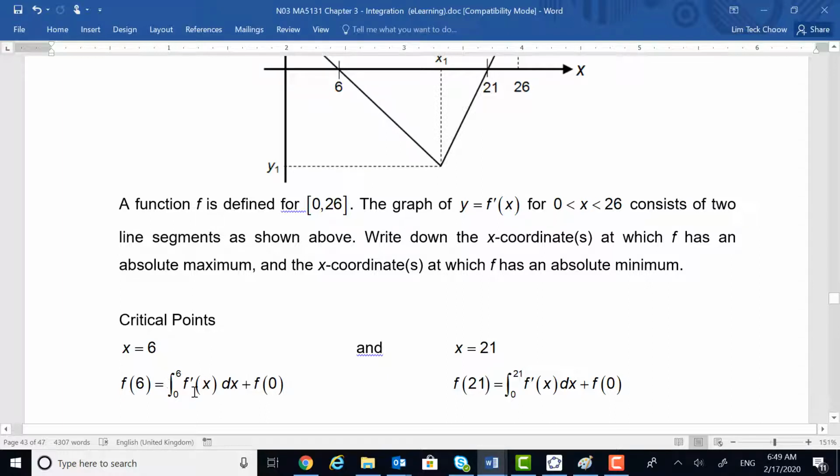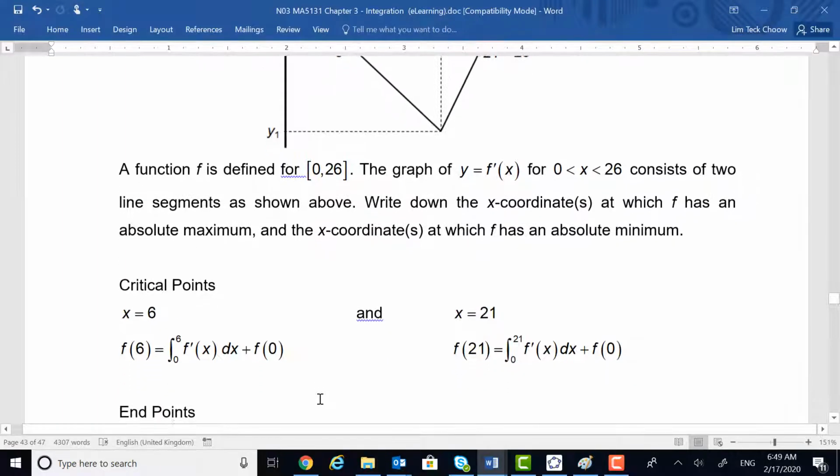If you integrate from 0 to 21, this positive value added to a big negative number becomes quite a big negative number. So f(21) will be f(0) plus some negative number, and as compared to this, this number is actually bigger.